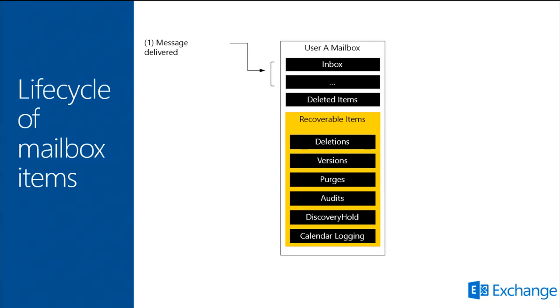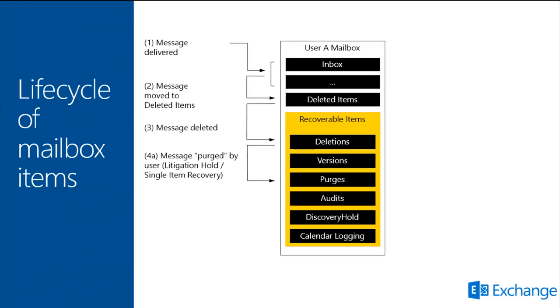It goes into the deletions folder. Now, that folder is visible to the user when he goes and says, recover deleted items. So the user can go and recover deleted items, but they can also permanently delete items from there if they wanted. So messages are moved to deleted items. Messages are deleted, they go to the deletions folder.